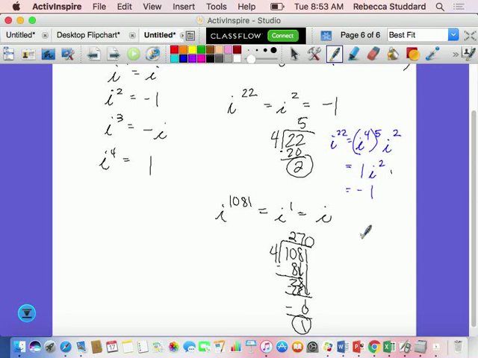That's why dividing by 4 works, because any power of i to the 4th is going to be 1. So that's why you only have to look at the remainder.